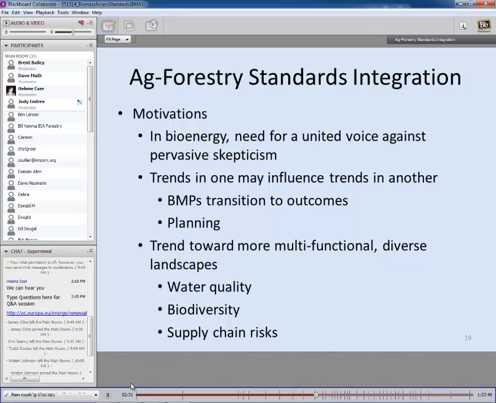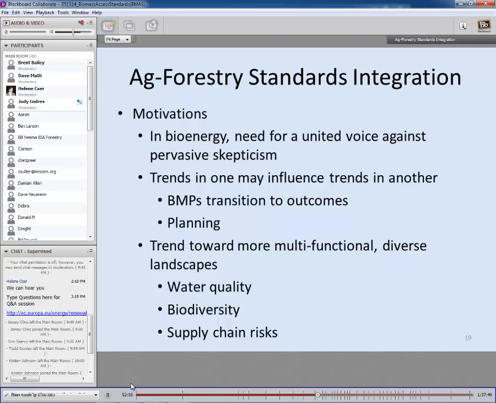The first is that there is a lot of skepticism about bioenergy in the world, whether it's food versus fuel or copious amounts of greenhouse gases being emitted from land use change. And we would like to, as research universities, we see that a lot of the research that we do, for whatever reason, doesn't make it into the media as much as it should, that shows the positive sides of bioenergy.